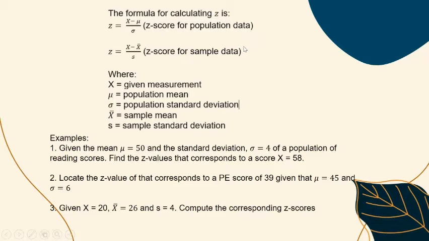Here's the formula for calculating your z-scores for population and sample data. For population data, it is x minus mu over sigma, the standard deviation, while for the z-score for sample data, that is x minus the sample mean over the sample standard deviation. To understand this better, we're going to discuss 3 examples.